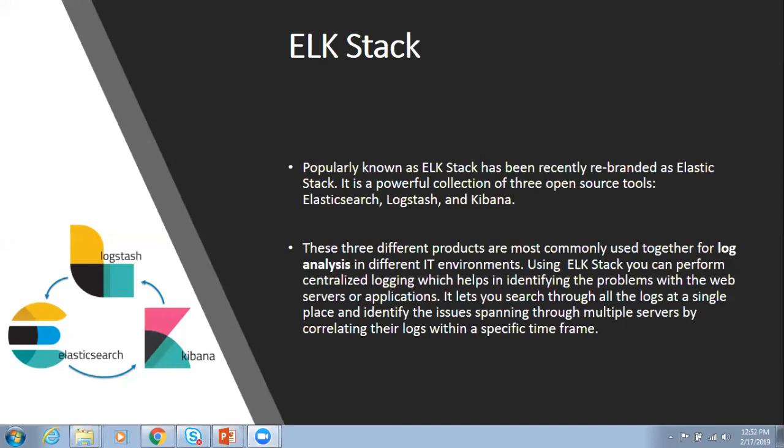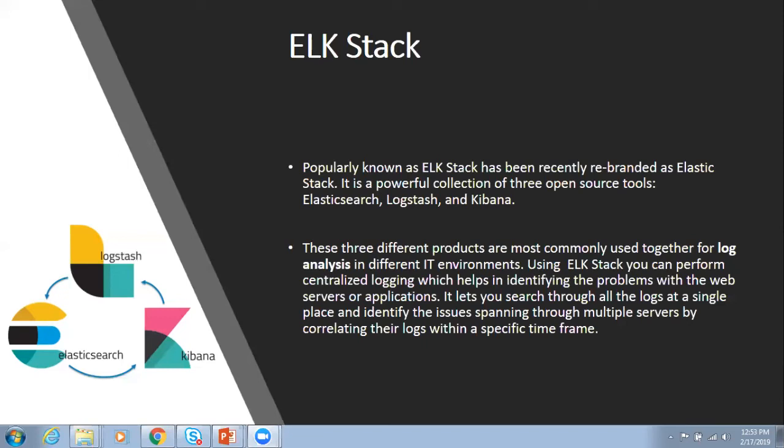To overcome the problems of these monitoring activities, the ELK Stack came into the picture around the beginning of the 2000s. The ELK Stack is a combination of three different tools, Elasticsearch, Logstash, and Kibana, which connect together to make one tool known as the ELK Stack, also rebranded as the Elastic Stack.